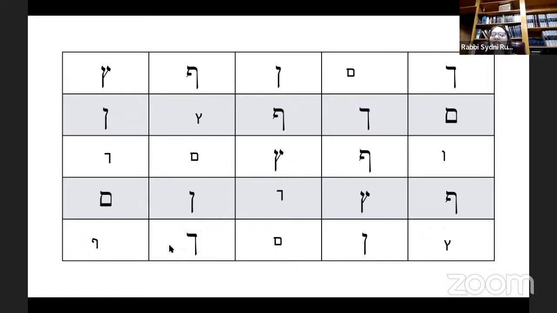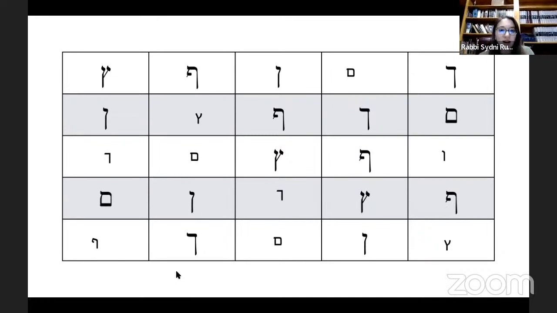So now, hopefully, one of the hardest things about Sofit letters, and I'm so glad we have an experienced group here because we just skipped over all the easy ones, is often telling the difference between which ones are Sofit, which ones are not.